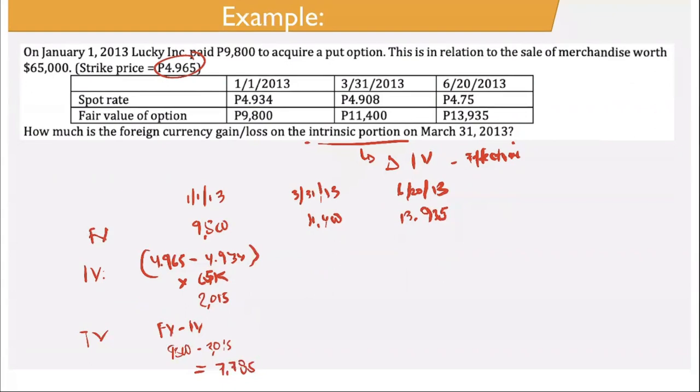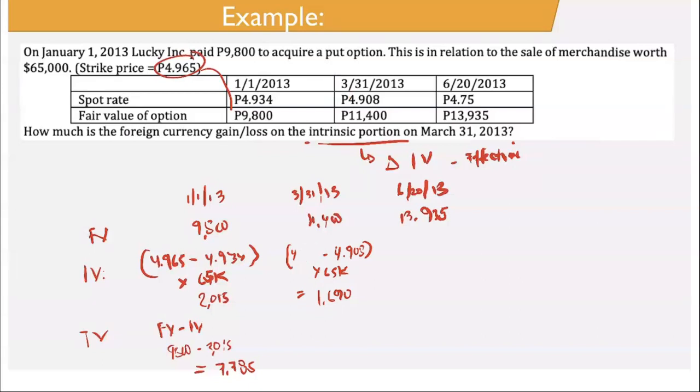Next, March 31, we have 4.908. What we compare here is again the strike price versus your spot rate, as we said. Our strike price is 4.965.